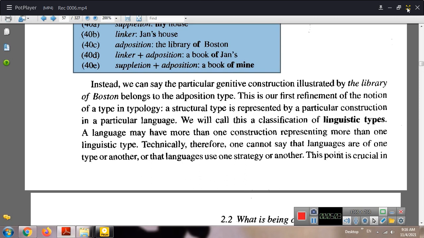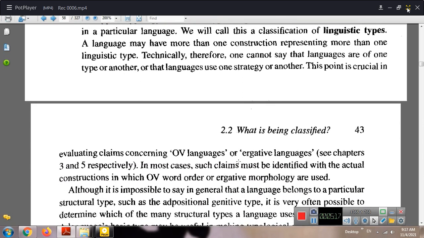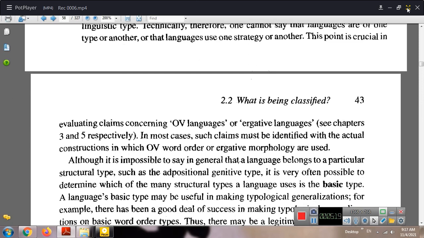Technically, therefore, one cannot say that languages are of one type or another, or that languages use one strategy or another. This point is crucial in evaluating claims concerning object-verb languages or ergative languages.